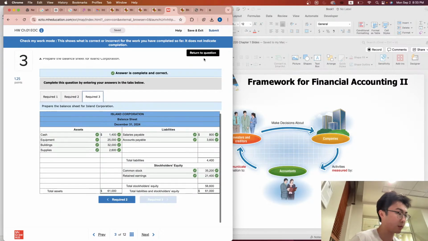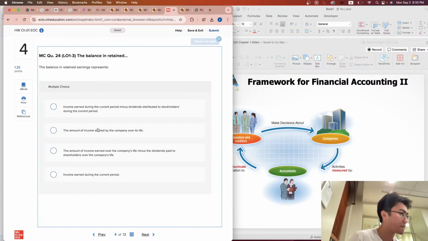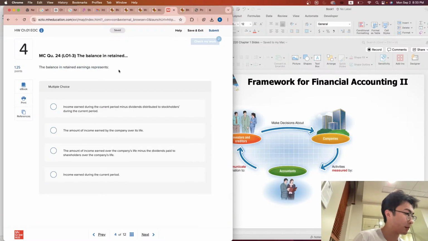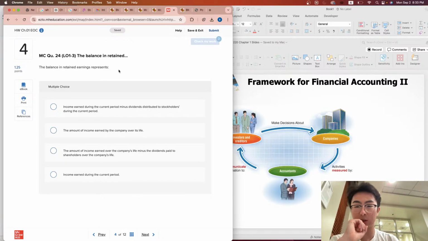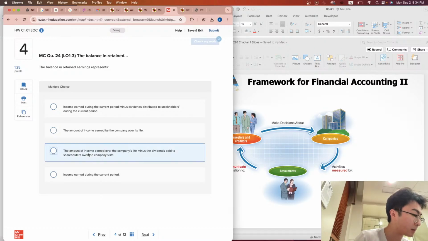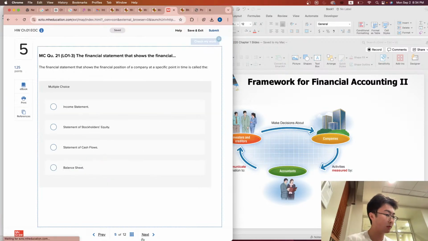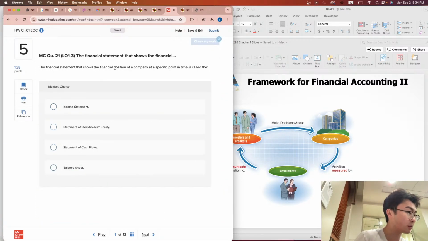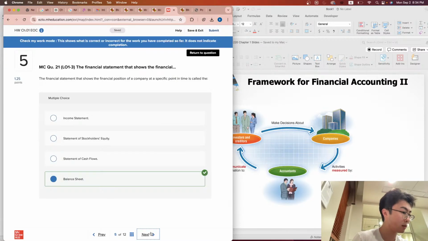It's completely correct. Nice. Balance in retained earnings represents, without even looking at multiple choice, how much profit is kept within the business, minus dividends paid. Okay, yeah. The financial statement that shows it is called the balance sheet.